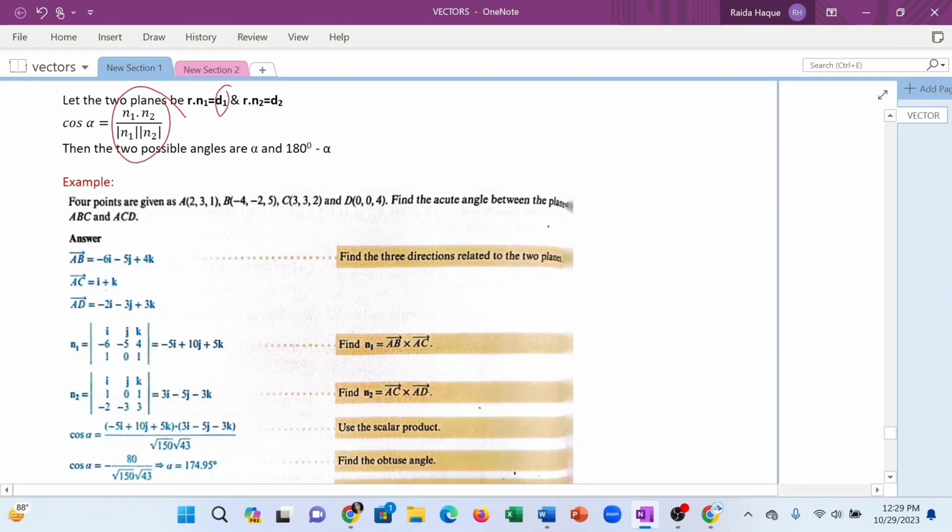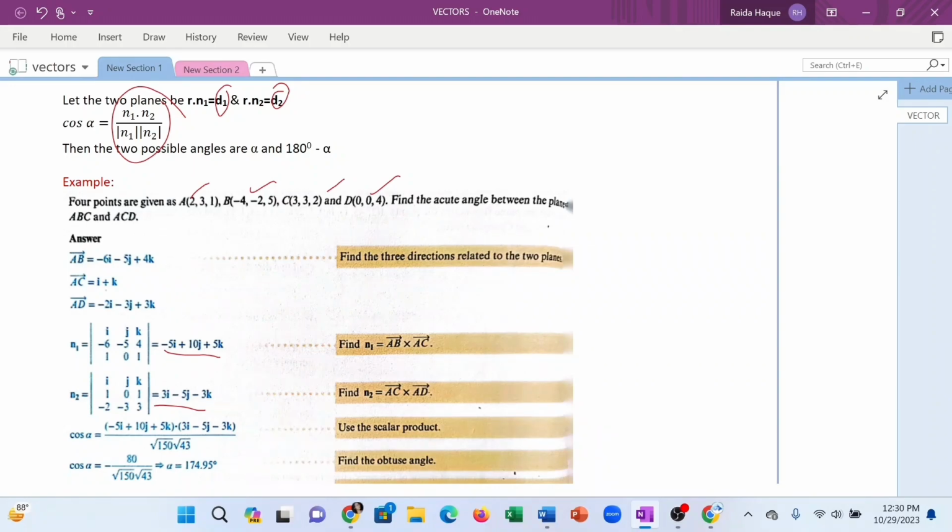So this d1 and d2, which you would have otherwise found by doing the dot product of the normal with any of the points, there's no need to do it anymore, because we just need the direction vectors of the normal. Since you already have the two normals, simply do the dot product. Then you get the value divided by the magnitude of the normals.